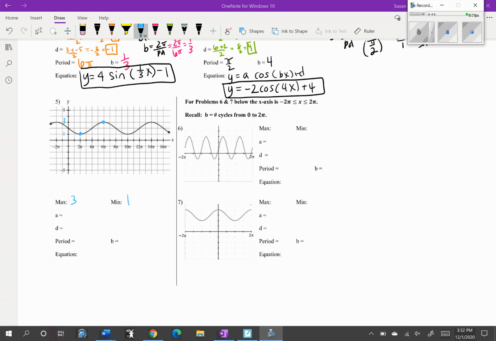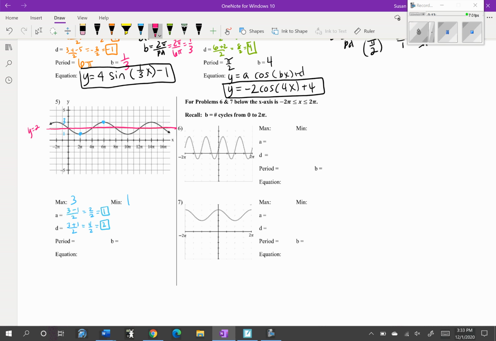So for the amplitude, it's the maximum minus the minimum divided by 2, which gives us 1. And the midline is the maximum plus the minimum divided by 2, which gives us a midline of 2, which is right there. So that's the midline.